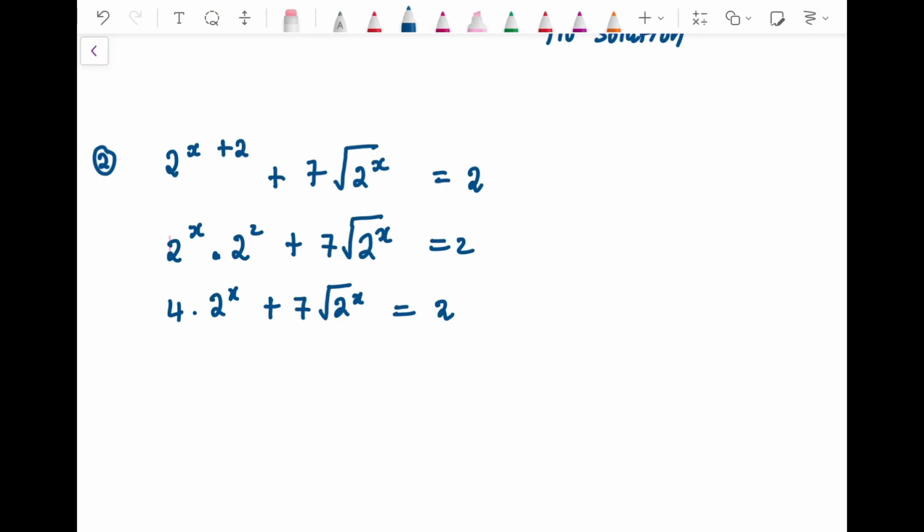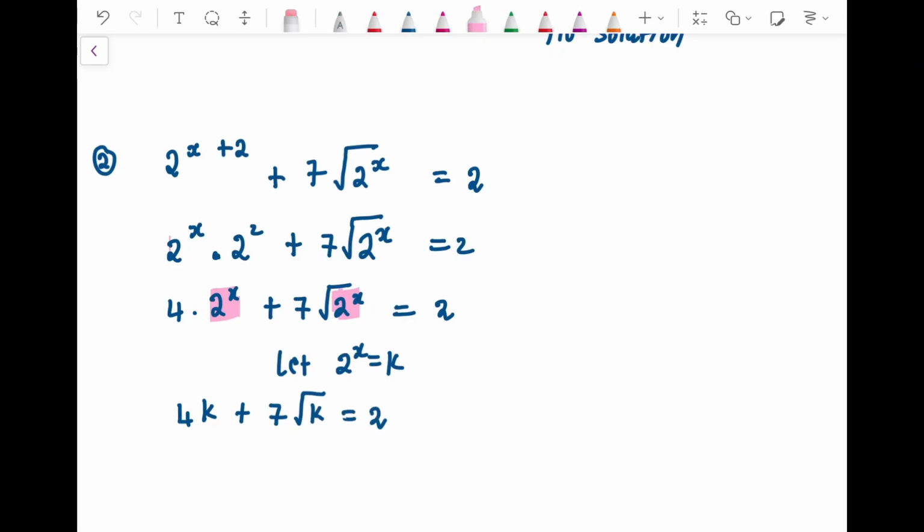So from here, I can say let 2 to the exponent x equal to k. So my equation will be now 4k plus 7 root k is equal to 2.